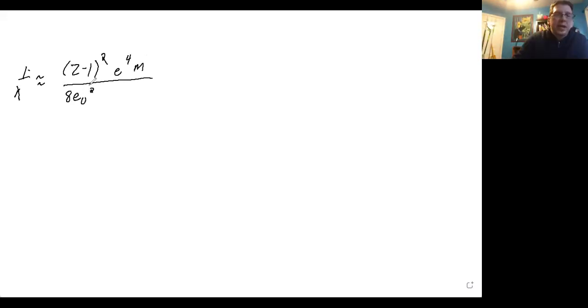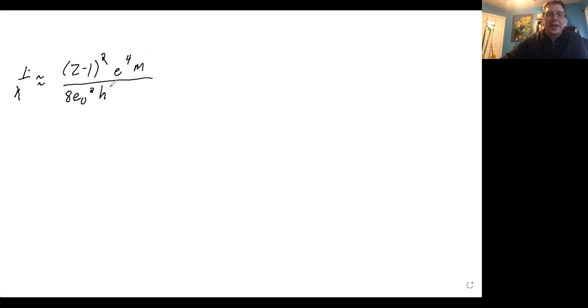So 1 over lambda is approximately equal to Z minus 1 squared, and e to the 4th times m, divided by 8 times epsilon naught squared h cubed c.